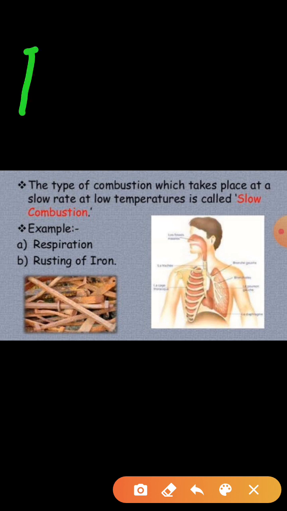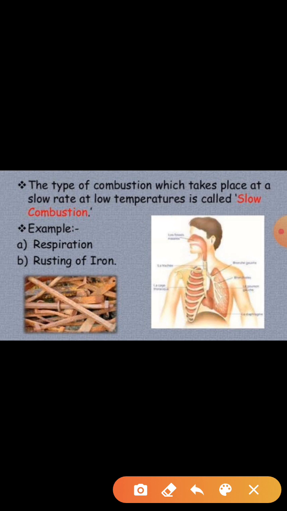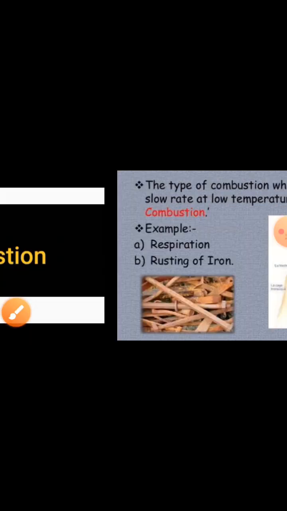So this can be the chemical equation. Fe stands for iron, plus O2, it gives Fe2O3. Fe2O3 is produced. So this is the chemical equation for rusting of iron. We have discussed slow combustion.